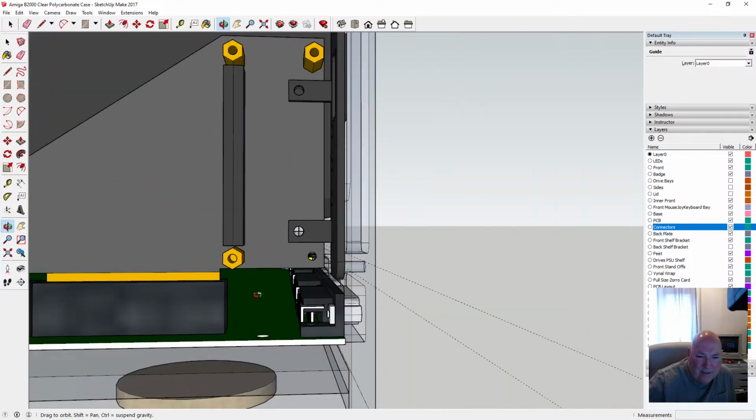Let me measure that again there. 18.5mm. Put the bottom of the card. It's probably 18mm, not 18.5.